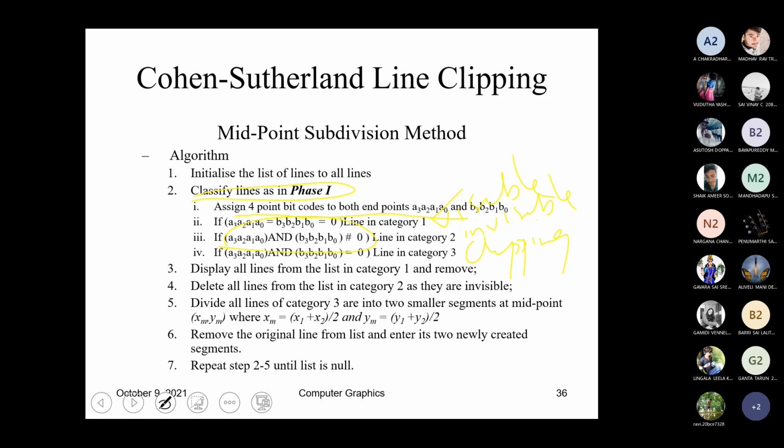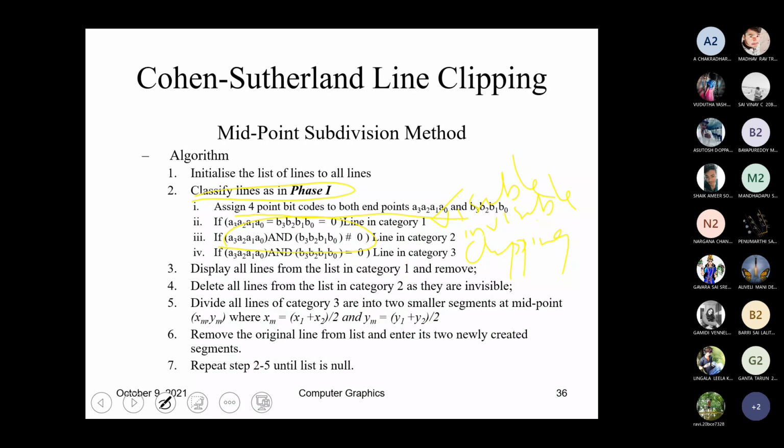For the invisible region, that means both are outside, so you will be performing an AND operation between your starting and ending point. If the value is not 0, then the line is under category 2. If it is equal to 0, then the line is under category 3. That means clipping. Understanding or not?